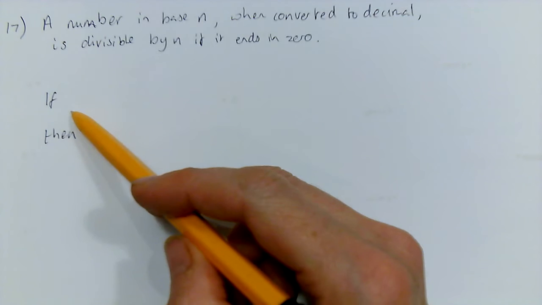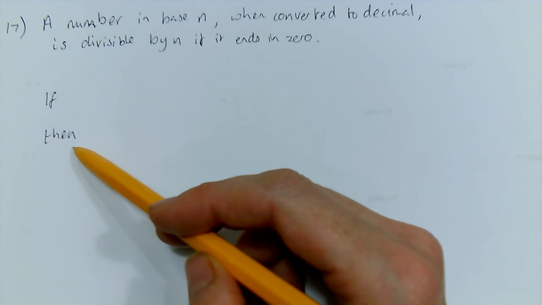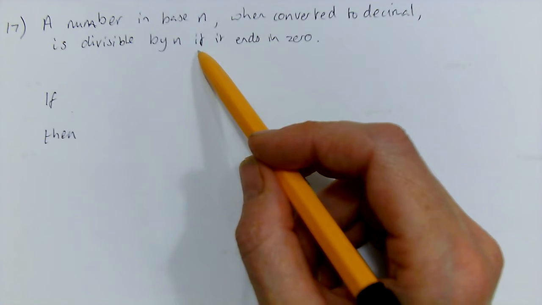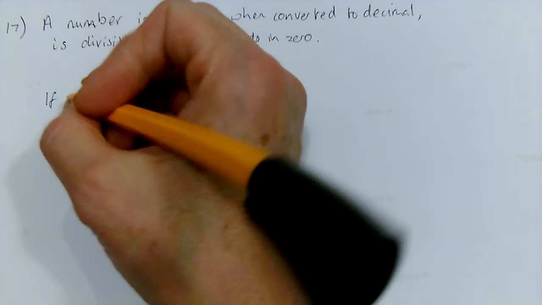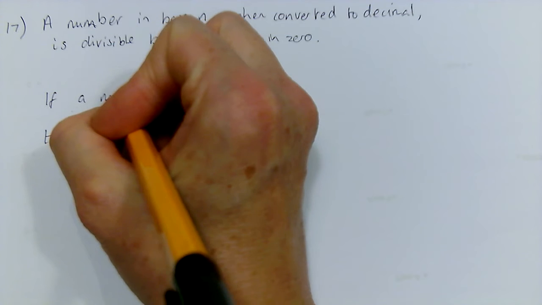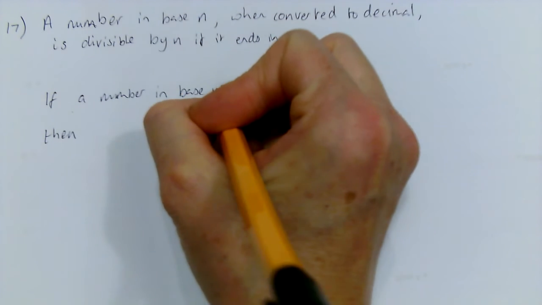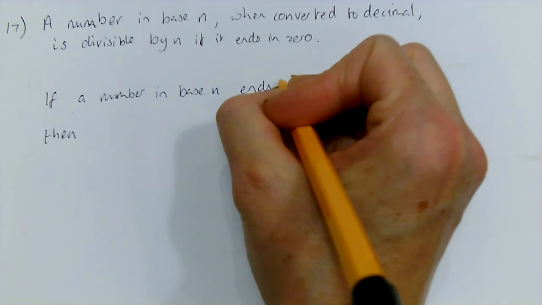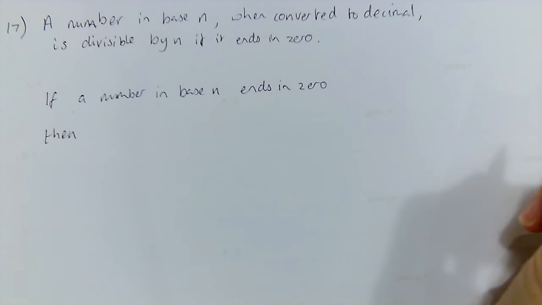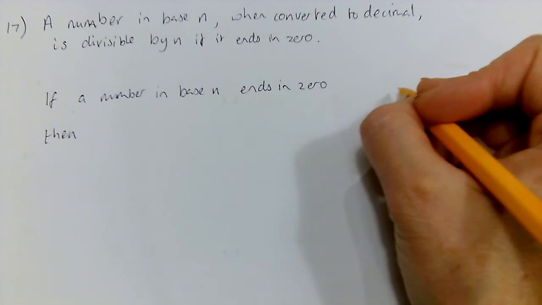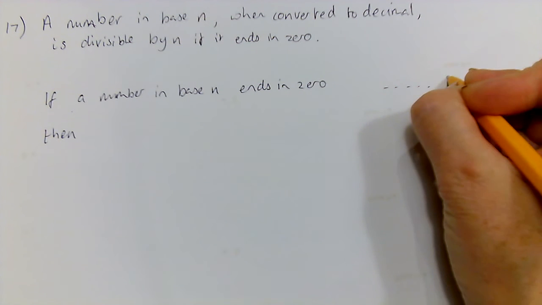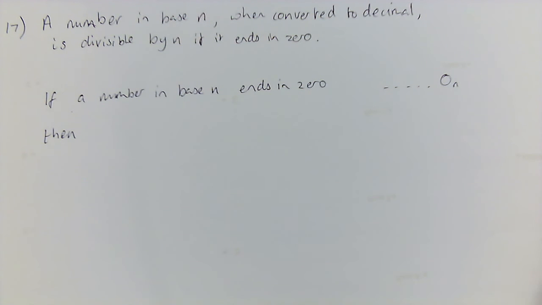So I'm going to start with the if statement and follow with a then. So if it ends in 0. So if a number in base n ends in 0. Okay, so essentially that means we've got various numbers ending in 0 and we're in base n.